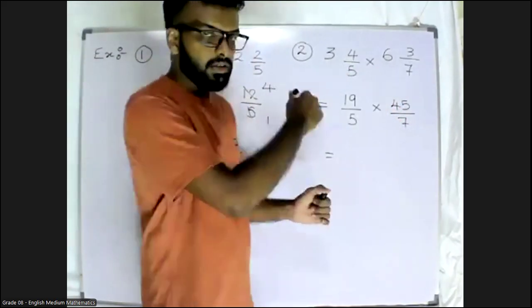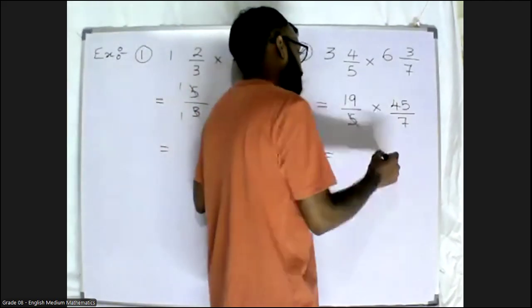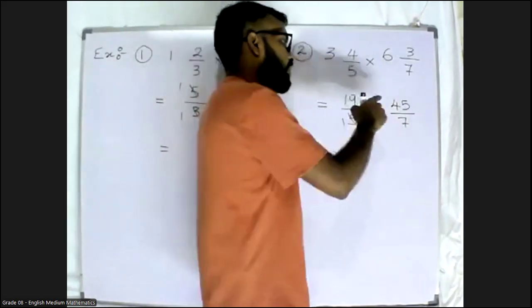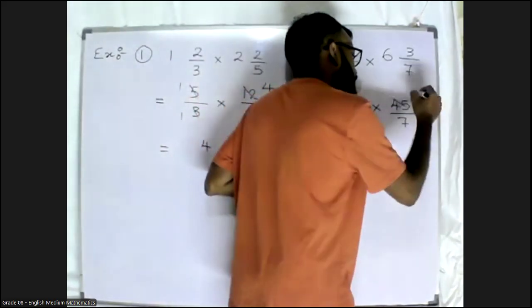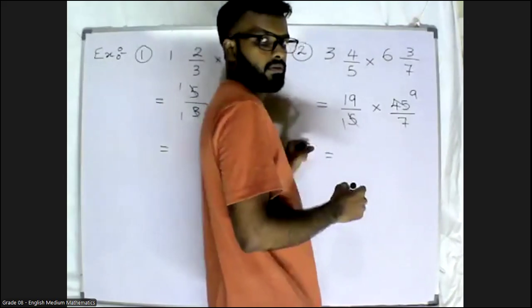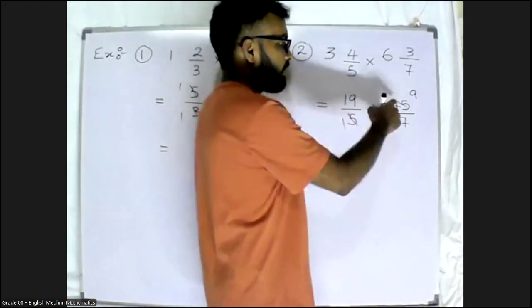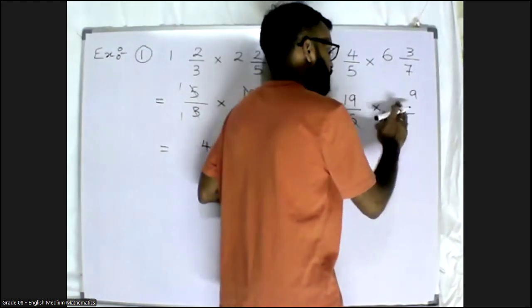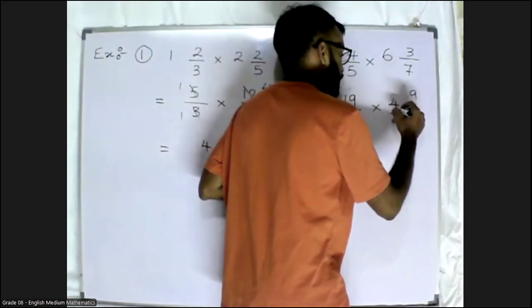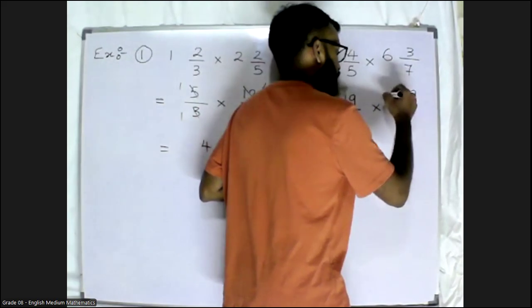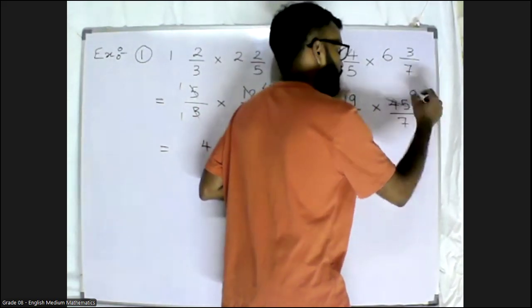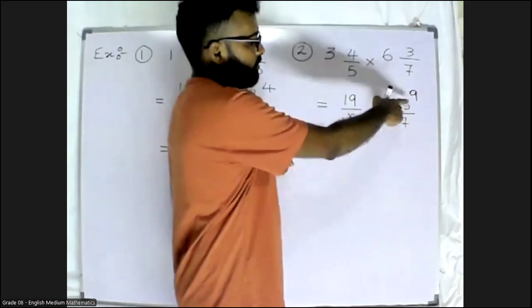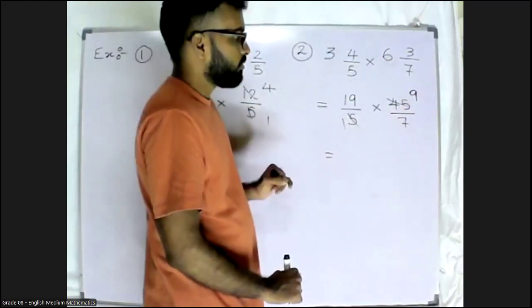So I will simplify: 5 times 1, 5 times 9. So here you have 45, and you are going to cut it. 5 times 1, 5, 5 times 9, 45.